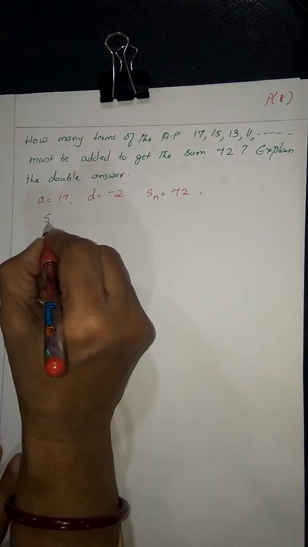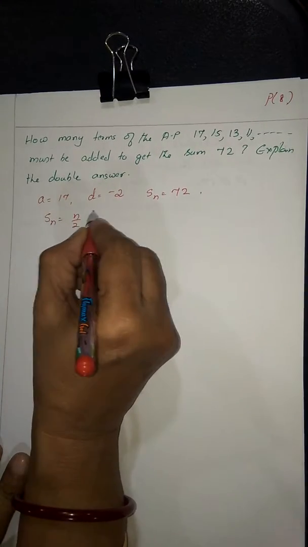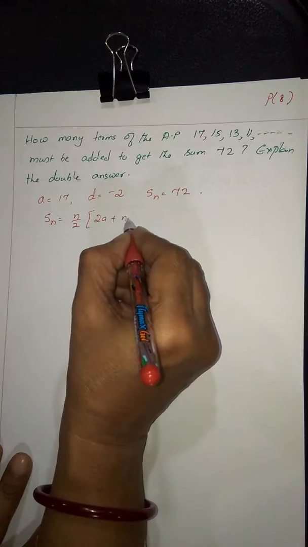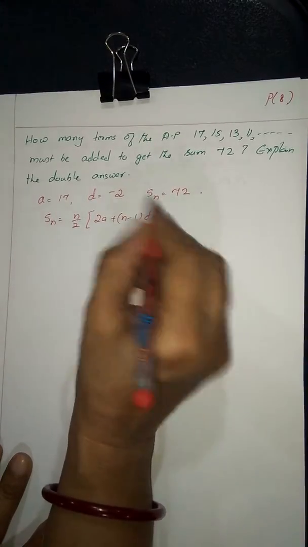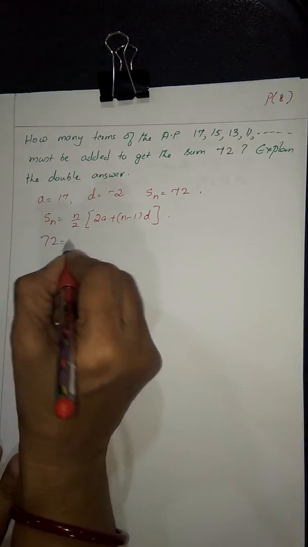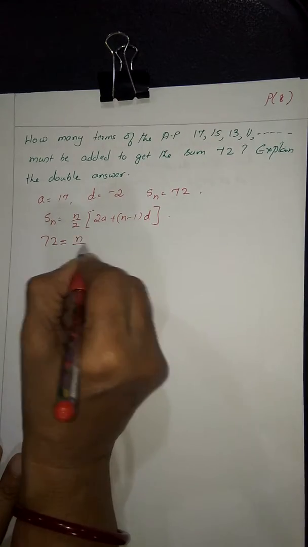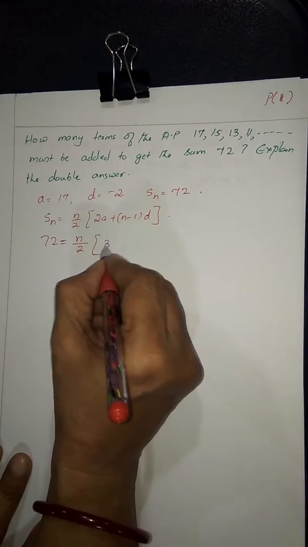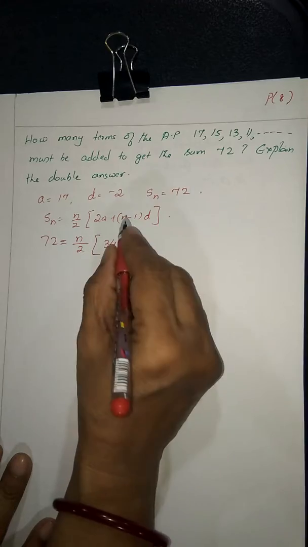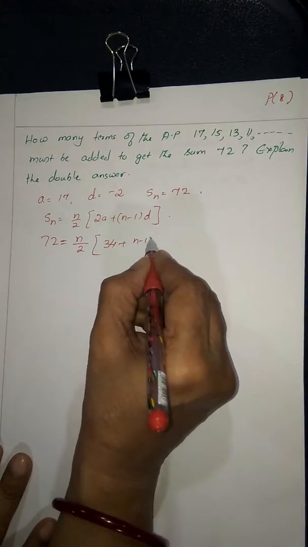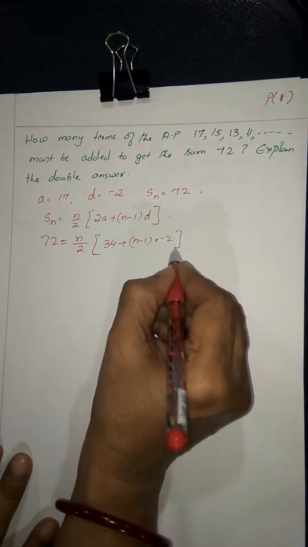So first we'll use Sn is equal to n by 2 into 2a plus n minus 1 into d. This is 72. Simply substitute here. So you get n by 2 into 17 into 2, 34, plus n minus 1 into minus 2.